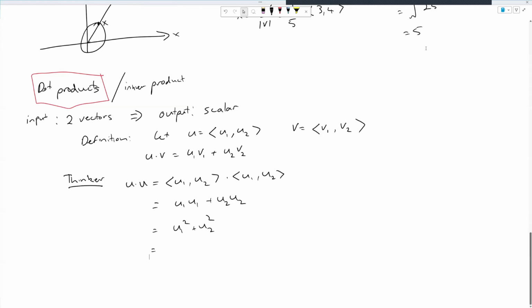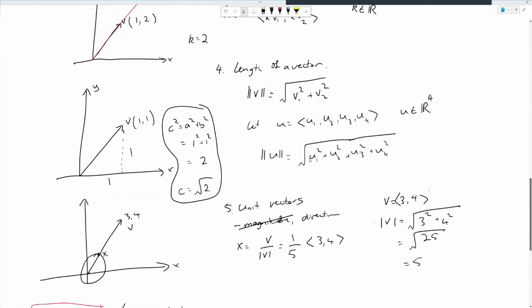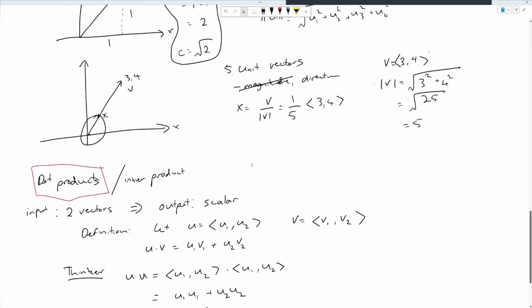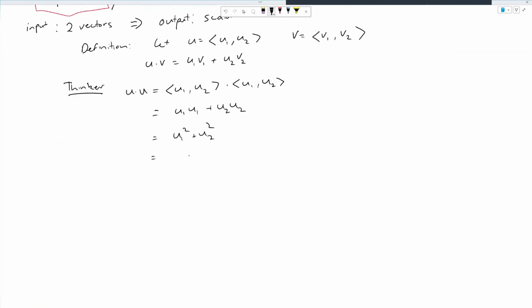What does that look like? That kind of looks like the length, because the length of a vector is the square root of x squared plus y squared. So this is essentially the length of u squared, squared to get rid of the square root. This is very important when we start manipulating our vectors a little bit more.